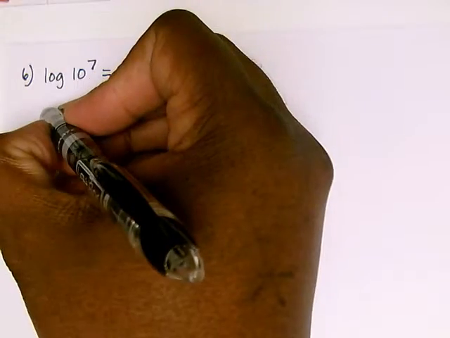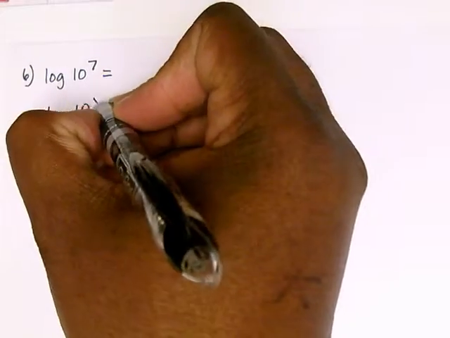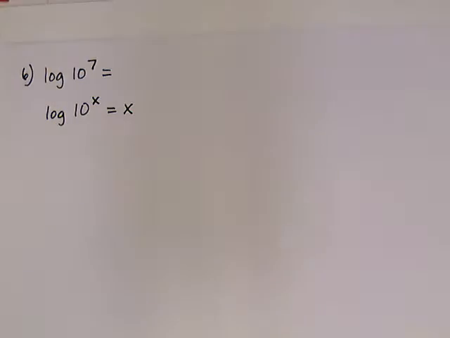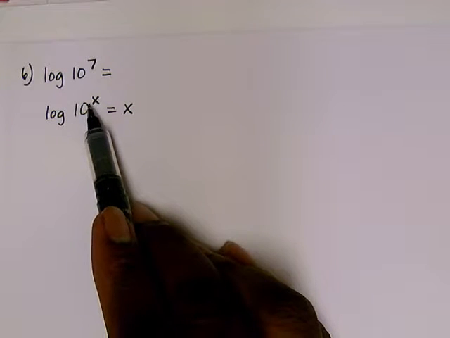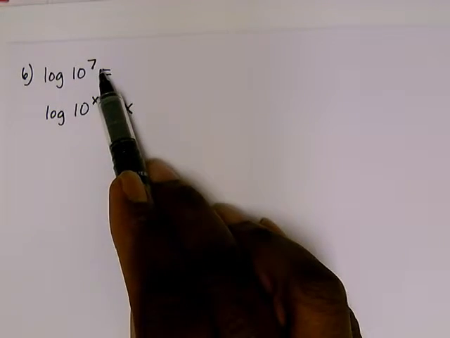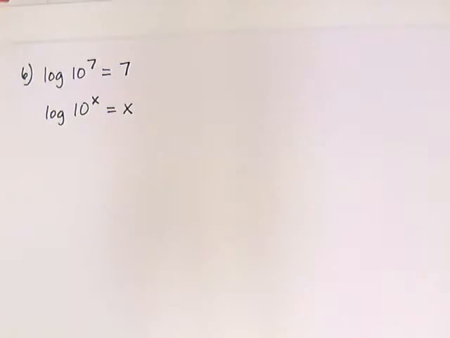Well, there's a property for logarithms where if you have log of 10 to whatever exponent, that's simply going to be that exponent. Log of 10 to the power of x is equal to x. So here, log of 10 to the 7 would simply be 7. And that's the answer right there.